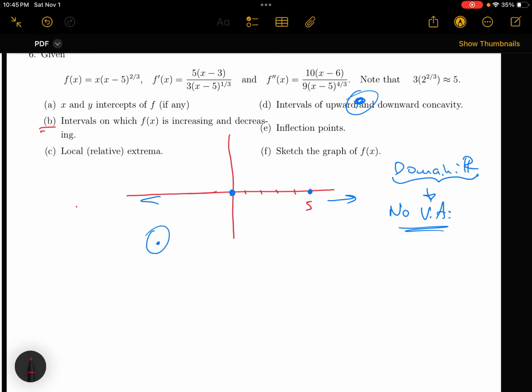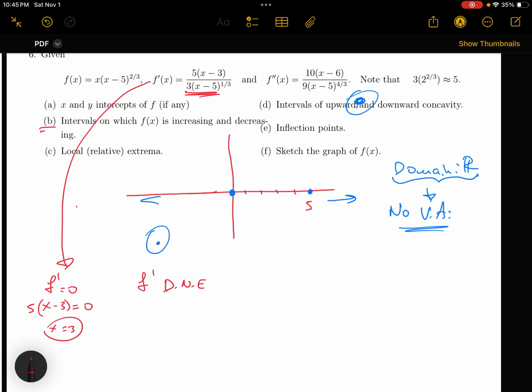Next is part B, intervals where the function is increasing and decreasing. So bring in the first derivative here. So I have f prime is equal to 0. Look at the numerator, which means 5 times x minus 3 is 0, which means x is equal to 3. Cannot be easier than that. f prime of x does not exist.